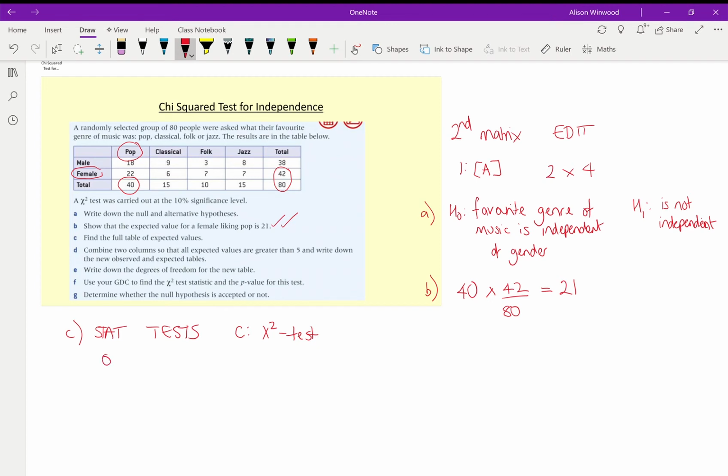And the observed is the matrix we've already set up, and it's going to work out the expected for us and put it into matrix B, so we can just go back and look up matrix B. So when we press calculate, we get some values, but at this stage we don't want those values. We'll come back to them.